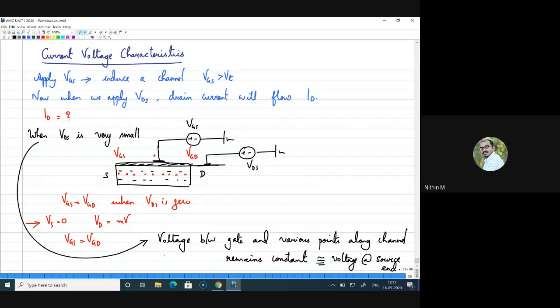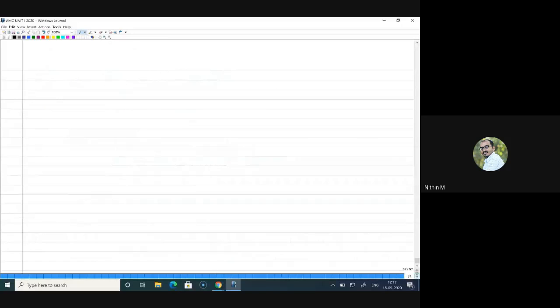Right. Now in that case I will say that the effective voltage between gate and points in the channel... So look at this. This is source and this is drain end. Now I'm applying a voltage VGS.